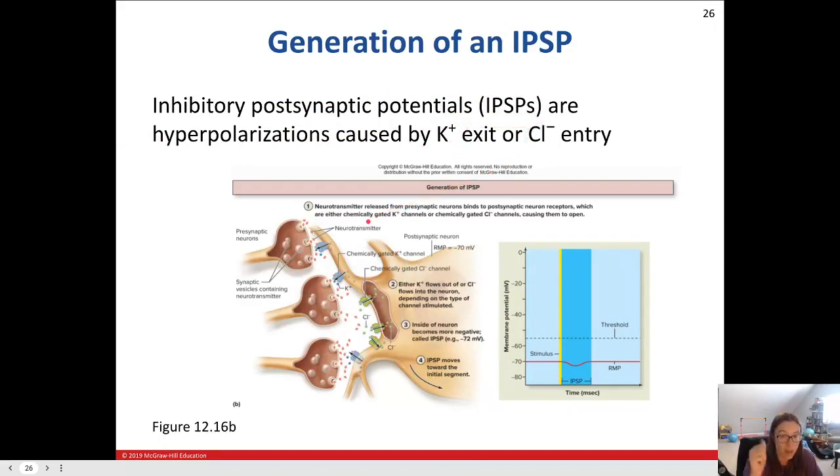That's either opening of those chemically gated potassium channels or opening of those chemically gated chloride channels. Either of those cause the cell to become more negative, causing hyperpolarization, where the cell gets more negative than resting. We call that an IPSP because it gets further away from threshold and an action potential is inhibited. It's less likely to happen.